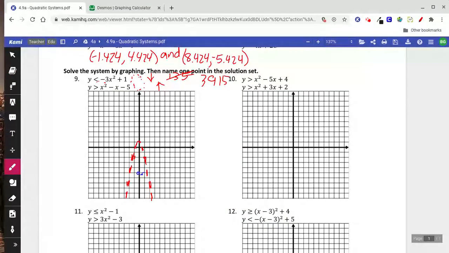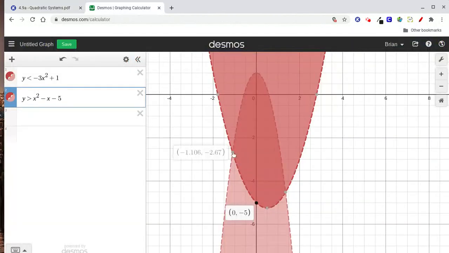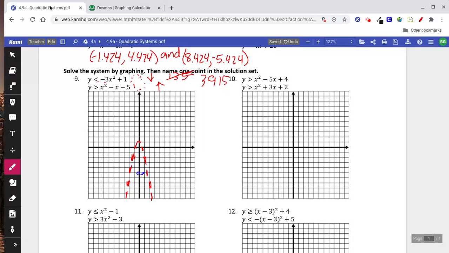Let's see if we can find another one. No, that's hard. Let's just do this. Negative 1.7 and positive 2.7. We can estimate that. Okay, that's probably going to be good enough.